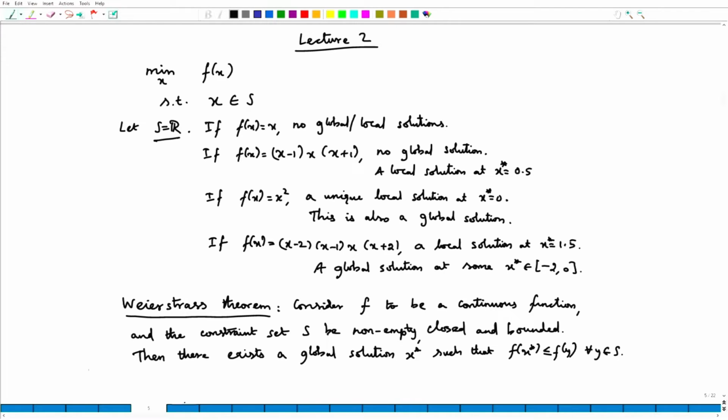Let us now answer the next question: when does it happen that a local minimum turns out to be a global minimum? There again we have a theorem.